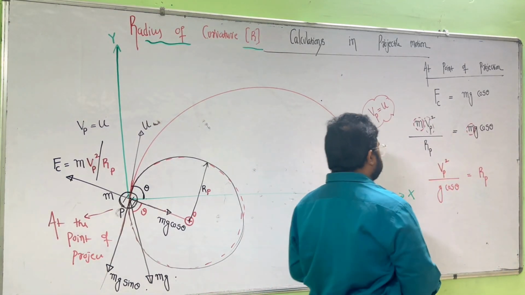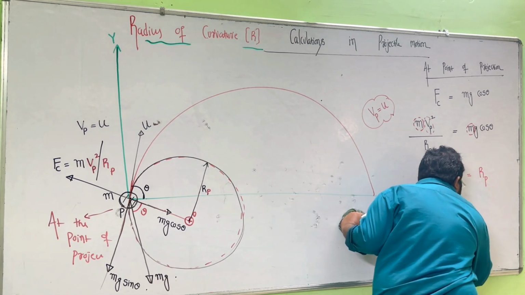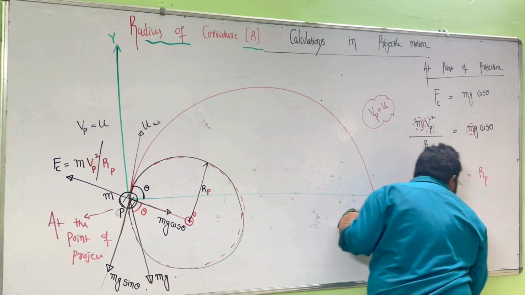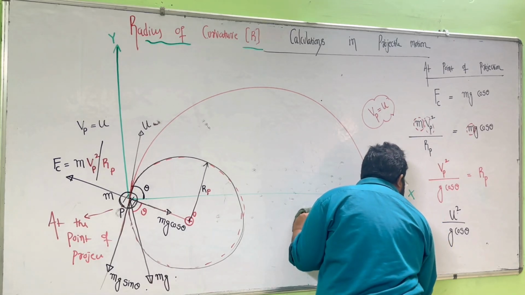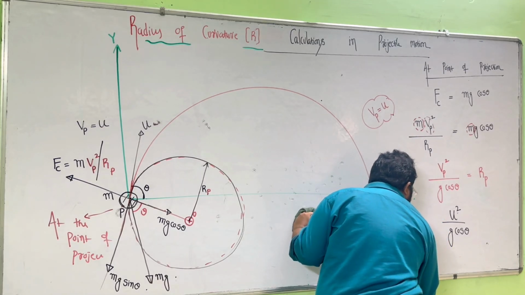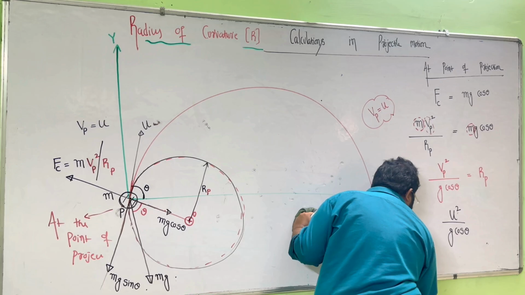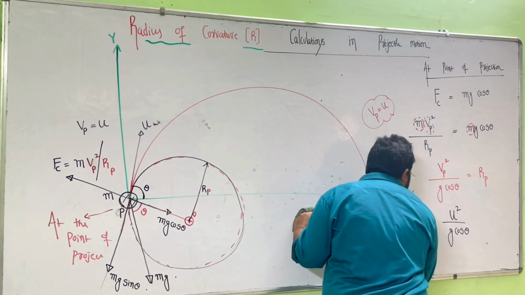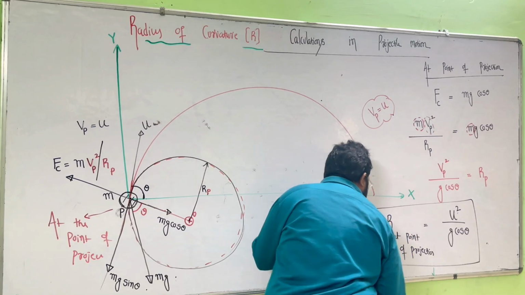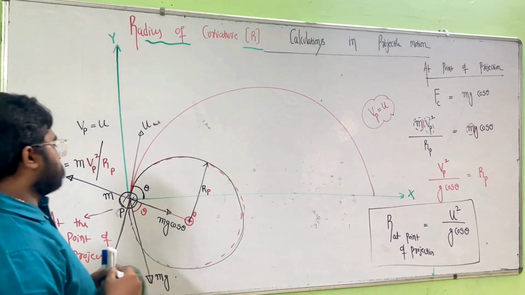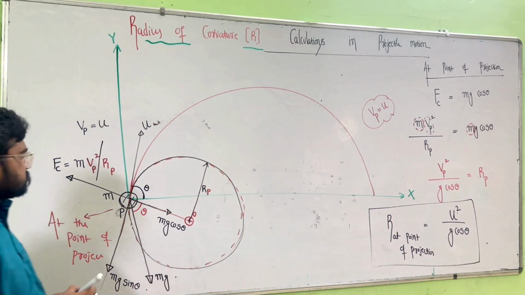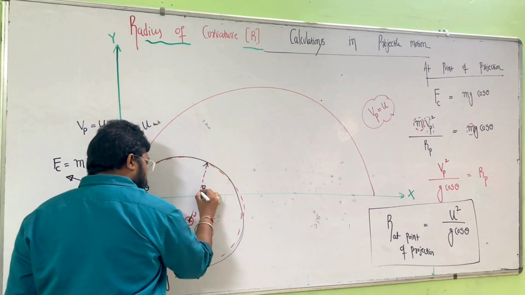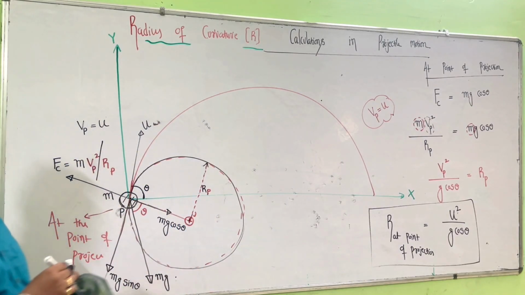So Rp can be written as U square by G cos theta. That is the radius of curvature at the point of projection. Understood or not?